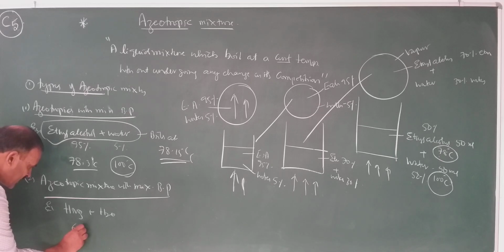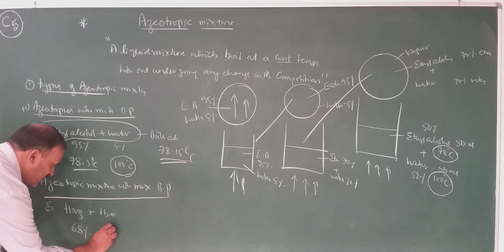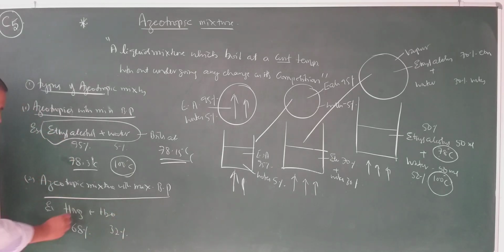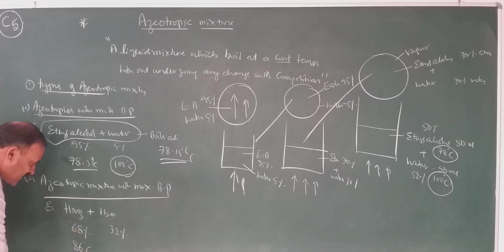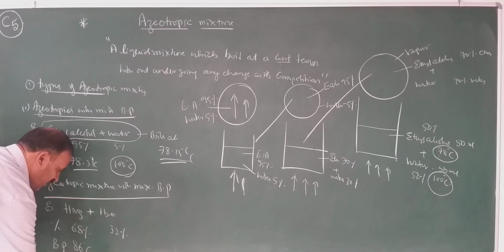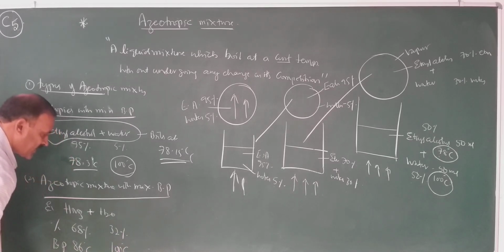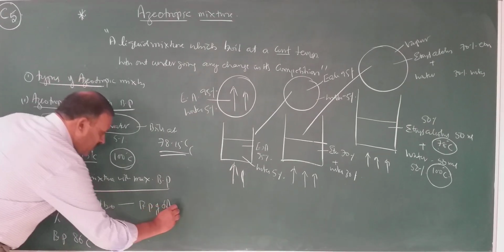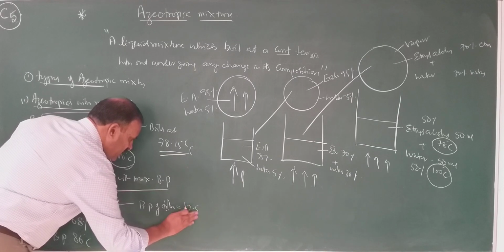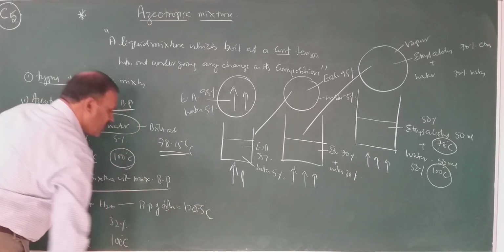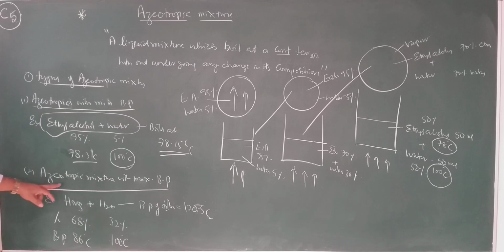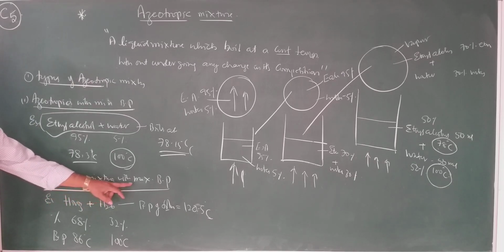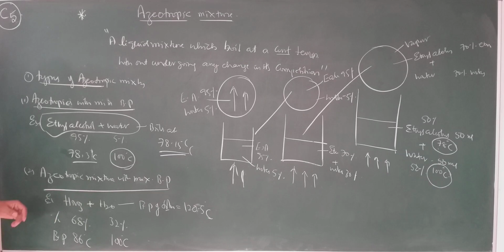HNO3 is 68%, water is 32%. The boiling point of HNO3 is 86 degrees centigrade. Boiling point of water is 100 degrees centigrade. Then boiling point of the solution is equal to 120.5 degrees centigrade. So this is an example for azeotropic mixture with maximum boiling point.